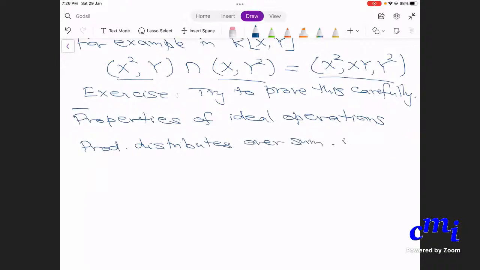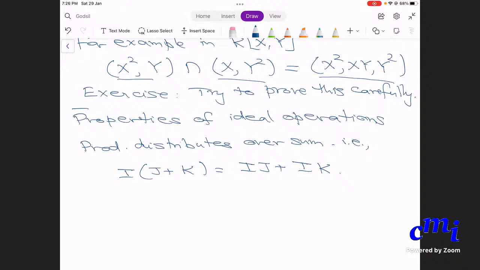In other words, what does this mean? That means if I take I times (J plus K), this is IJ plus IK. This is one property, and it's easy to see.